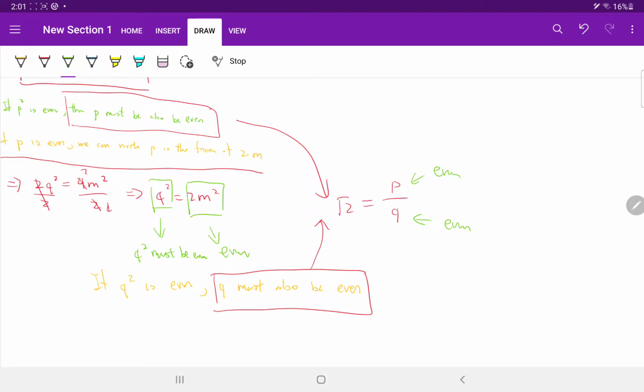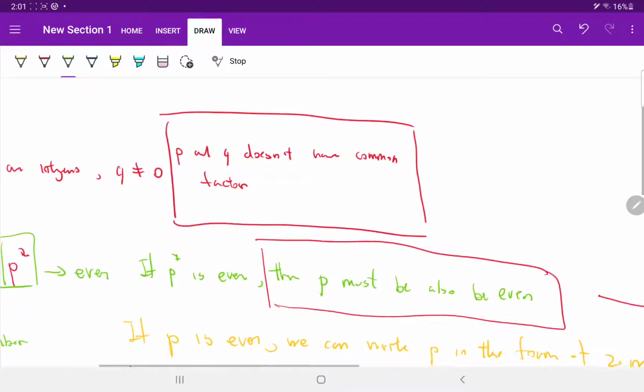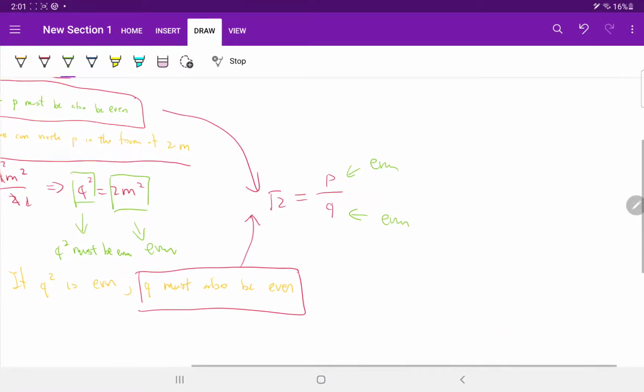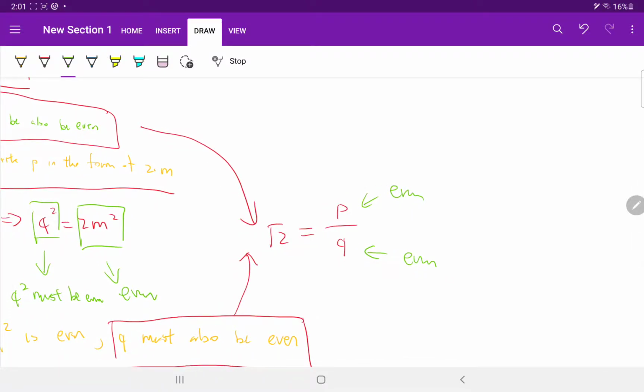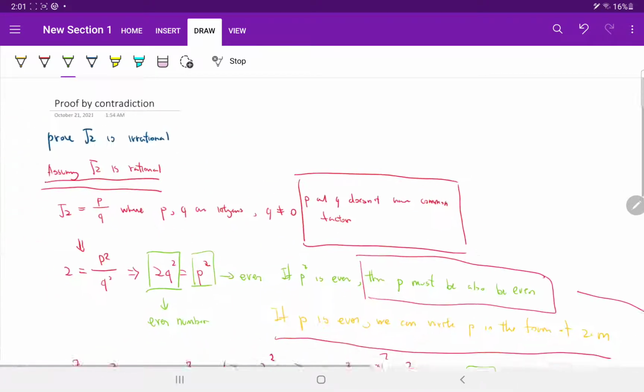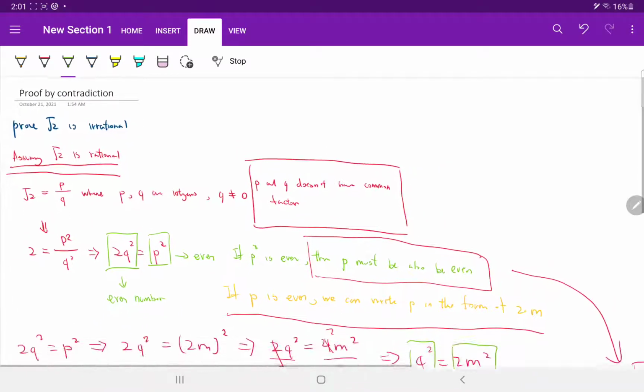If the top and the bottom are both even, they can both be written as 2 times an integer, which is not allowed, because at first I assumed that p and q don't have any common factor. So the problem is, if they're even, they have a common factor of 2, which defies what I assumed in the first place.